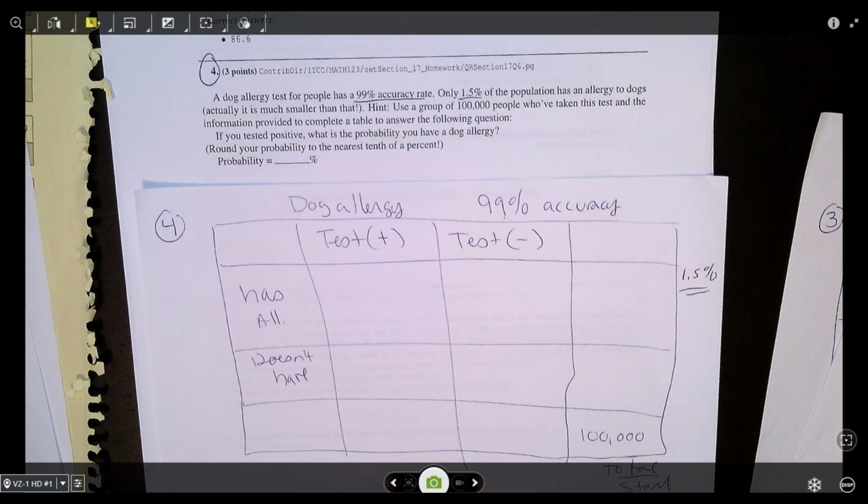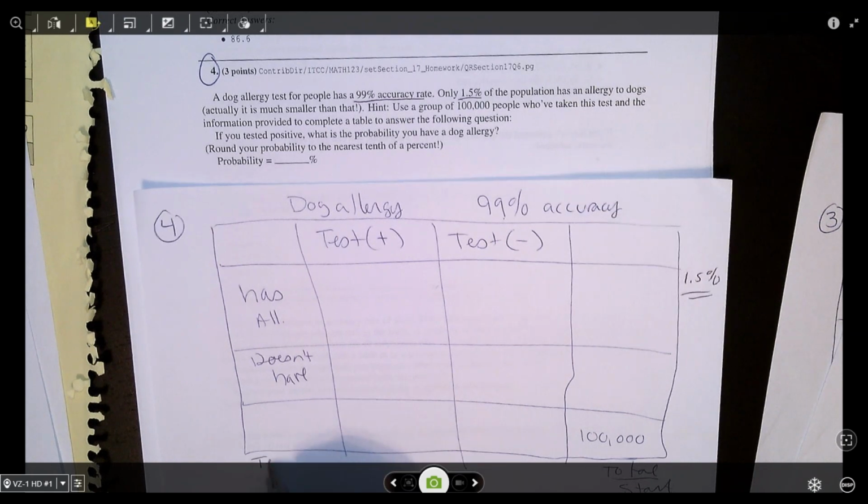Use a group of 100,000 who've taken this test and the information provided to complete a table. If you tested positive, what is the probability this time that you have a dog allergy?